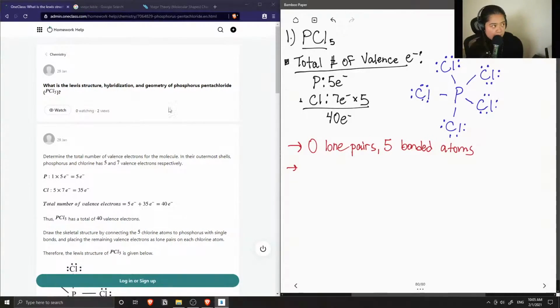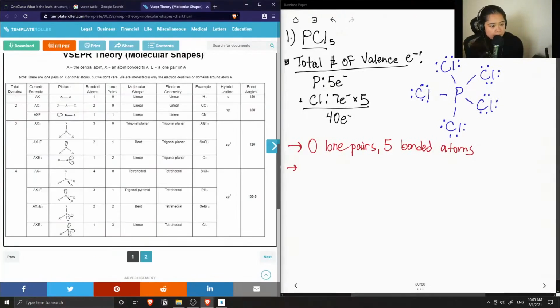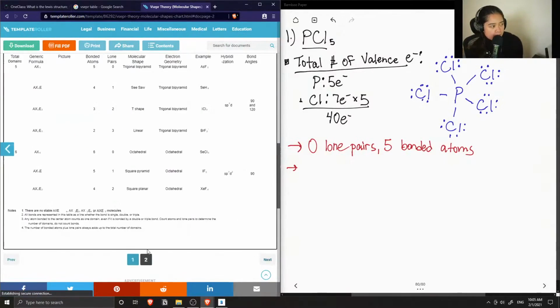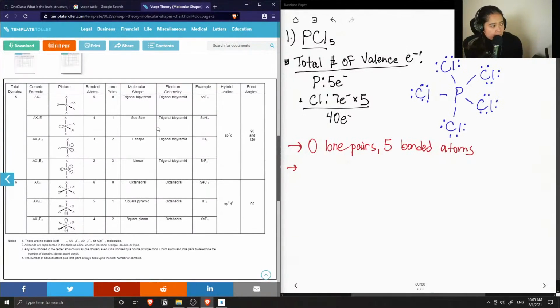And by using a VSEPR theory table, we can determine its hybridization, molecular shape, and electron geometry. So let's see here. It might be on the next page. When we have 0 lone pairs and 5 bonded atoms, we have a trigonal bipyramid molecular shape and electron geometry.